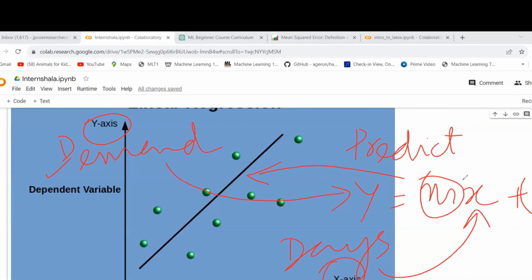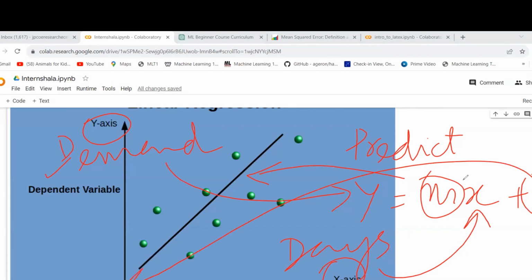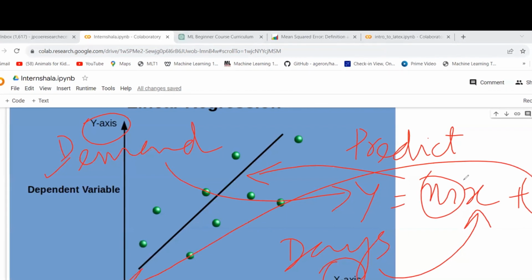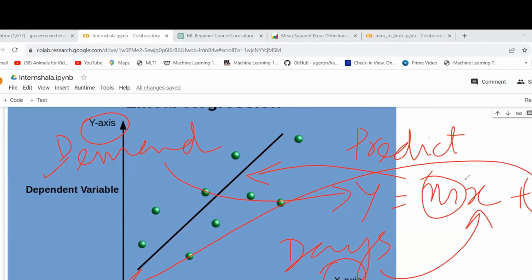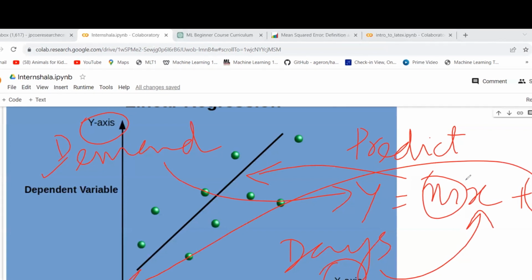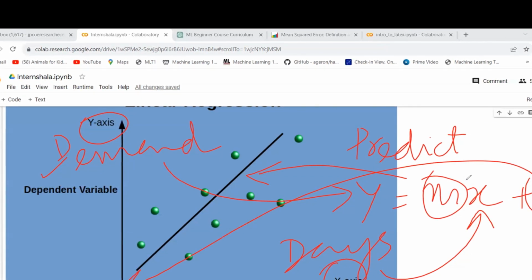C here denotes the y-intercept. For us, it will be on the origin, which is usually the line fitting crossing through the origin. Sometimes it may not be on the origin.